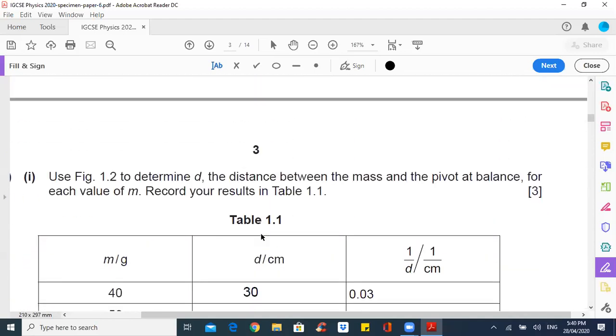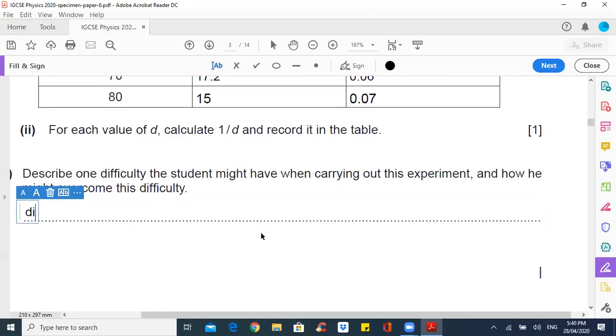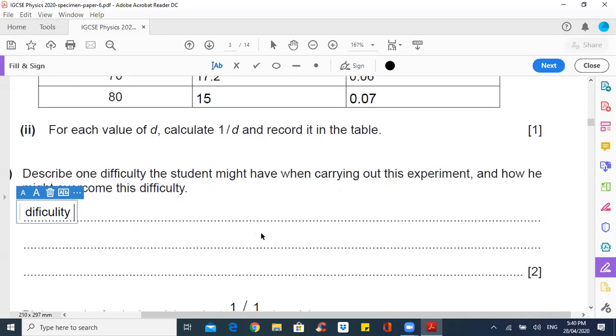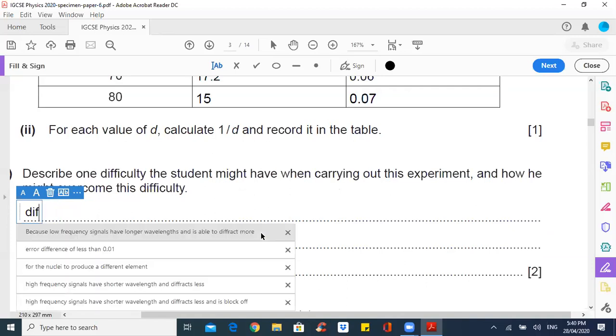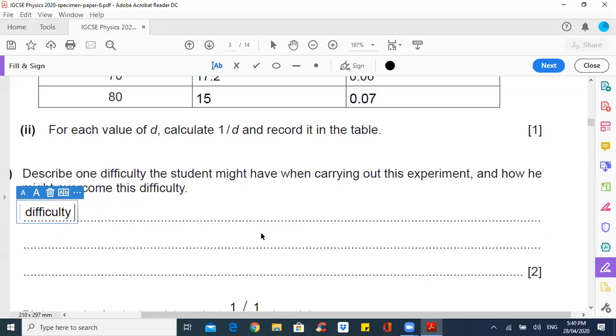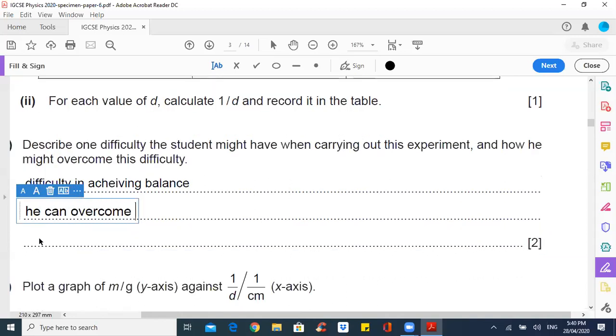The first thing would be difficulty in achieving balance. How he might overcome this difficulty. How do you think he could overcome this difficulty?